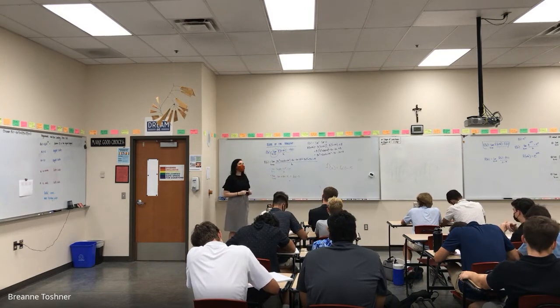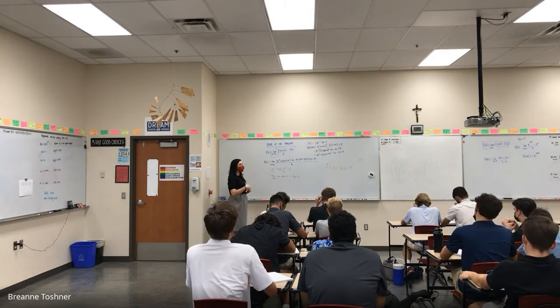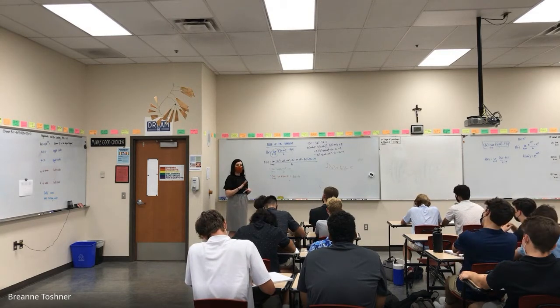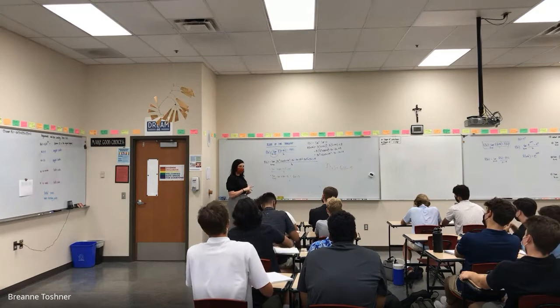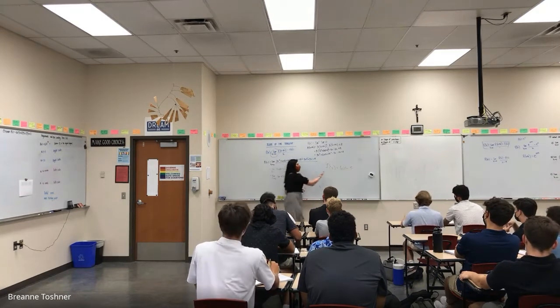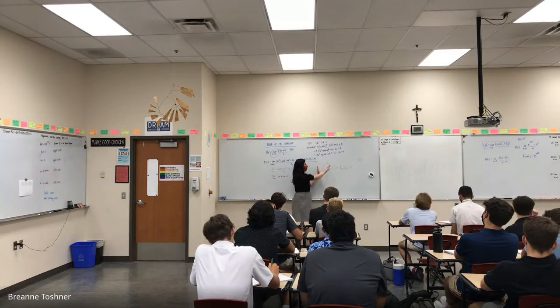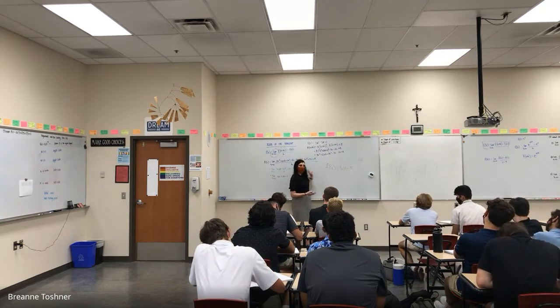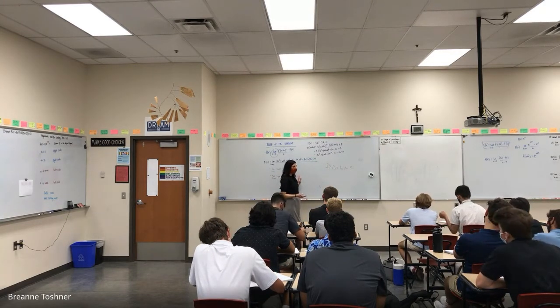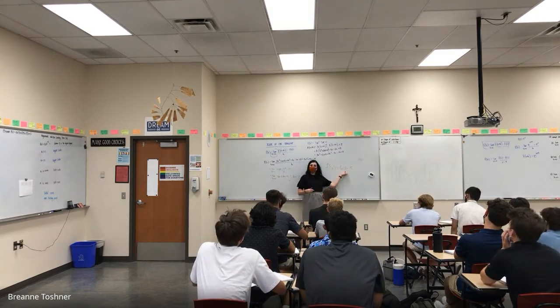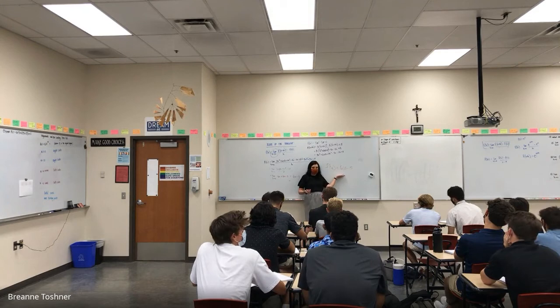The question asks us to find an equation for the slope of the tangent line at any point on that graph. That's what this is. Okay? This is an equation for the slope at any point on this graph. If I wanted to know what is the slope at 0, I would plug in 0 into this equation for slope.